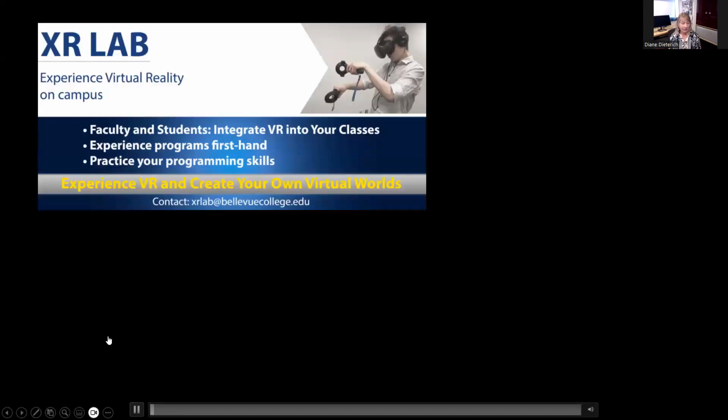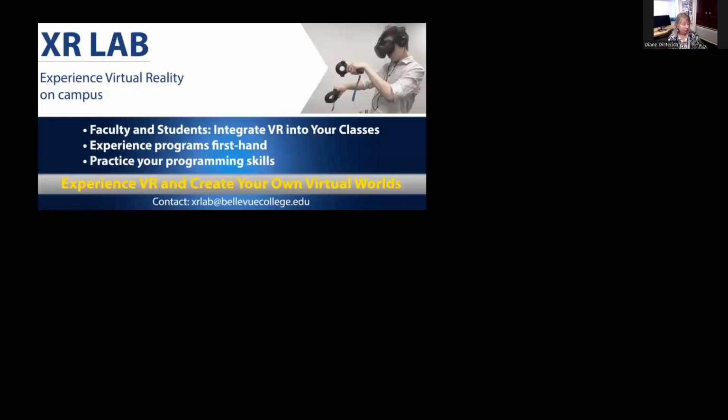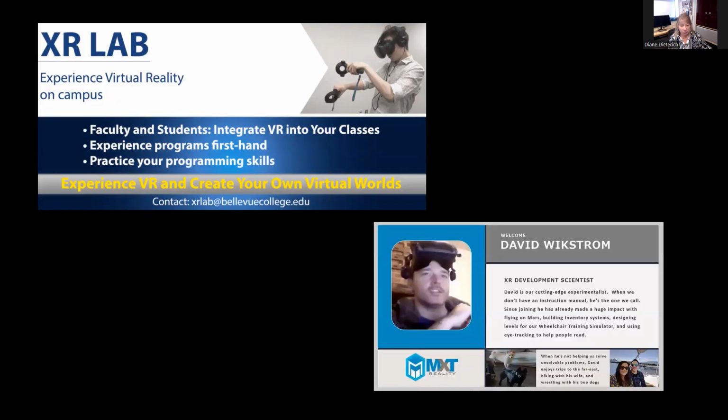A big part of this summer's project was figuring out ways that we could collaborate with the XR Lab, which is the virtual reality lab at Bellevue College. It was there that I first became aware of a very interesting project that a past student, David Wickstrom, had completed as part of his computer technology degree.